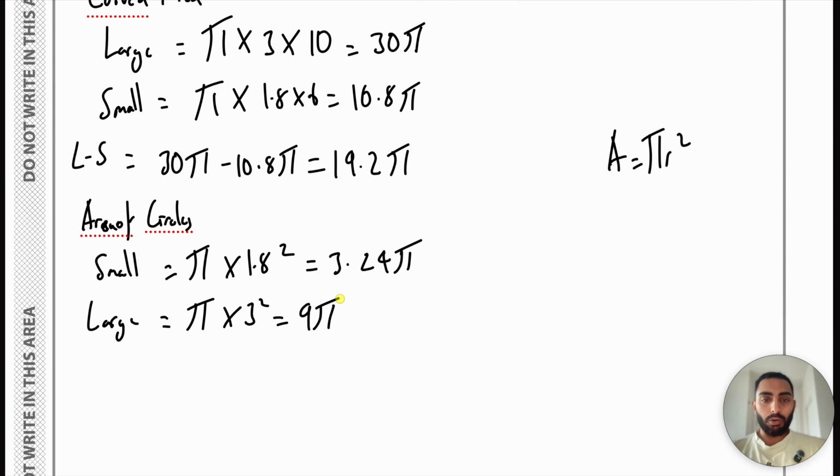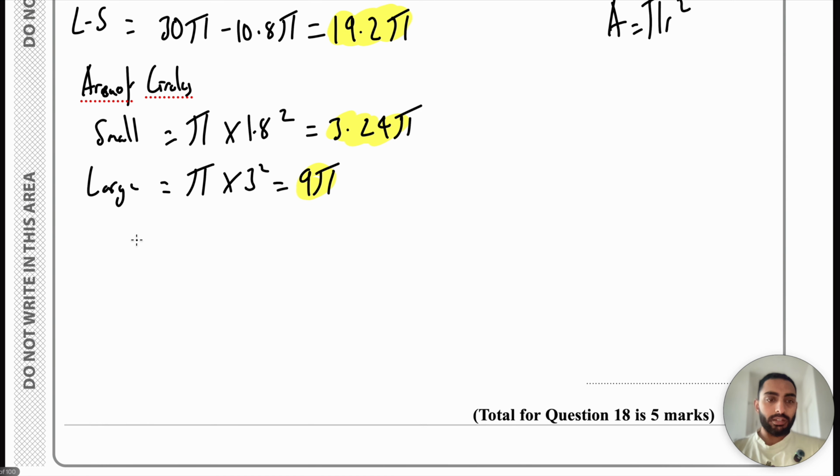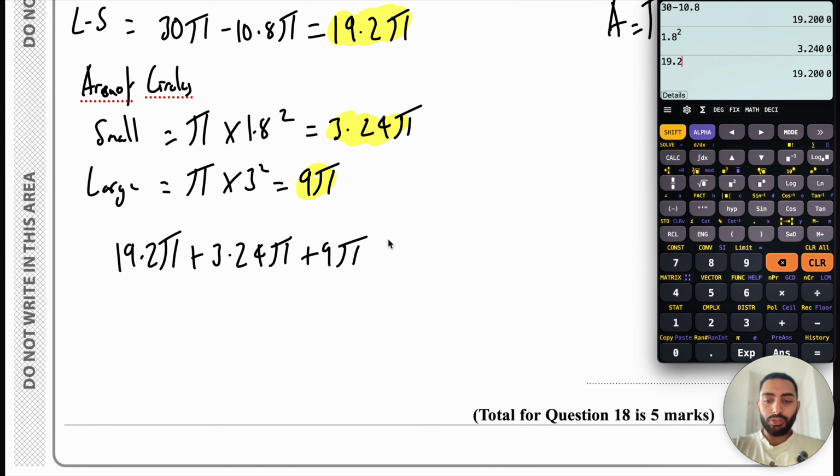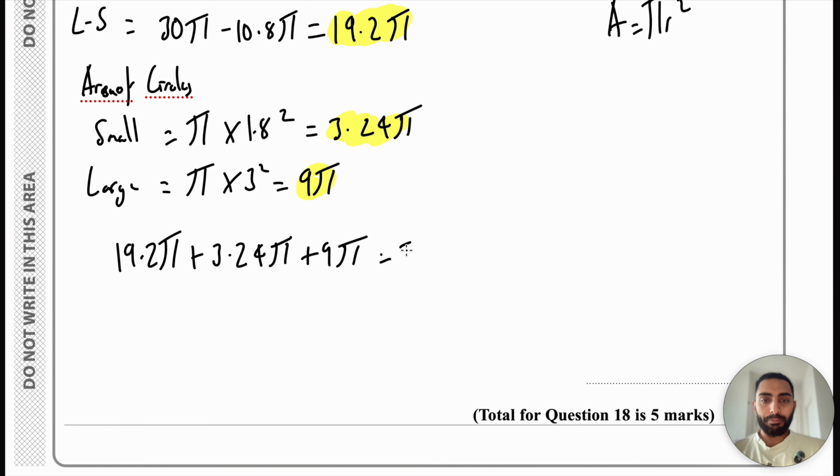I just need to add up all of these. So I've got these two areas, the areas of the circles, and I've got the area of that curved bit. So 19.2 pi plus 3.24 pi plus 9 pi. So 19.2 plus 3.24 plus 9 is 31.44 pi.